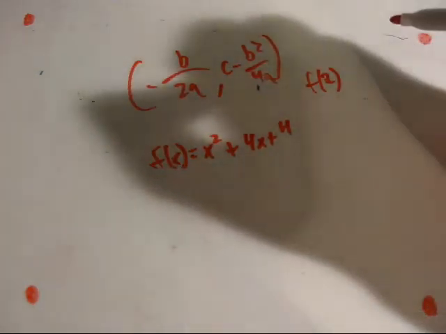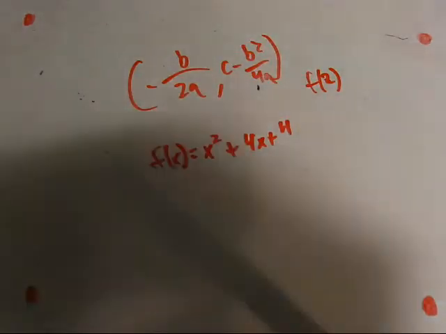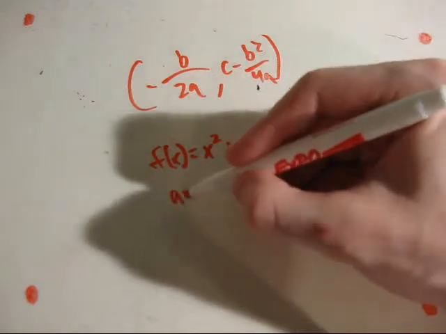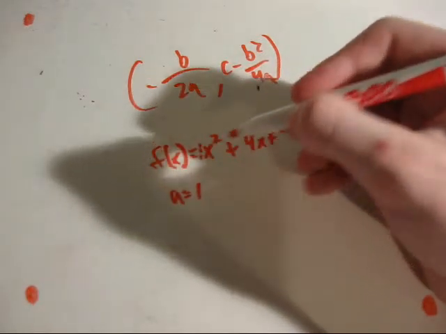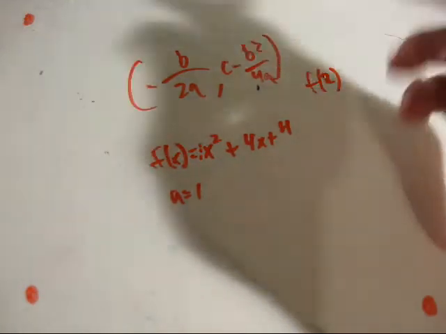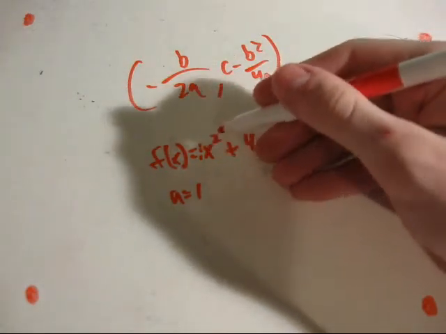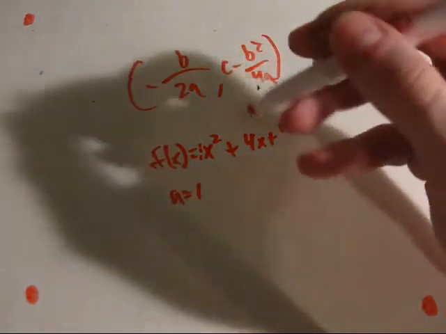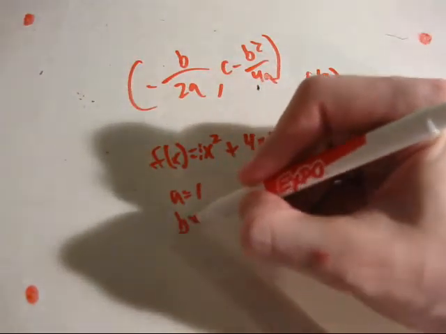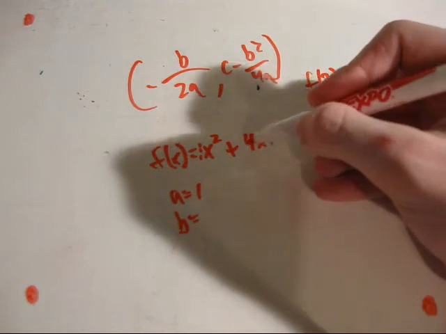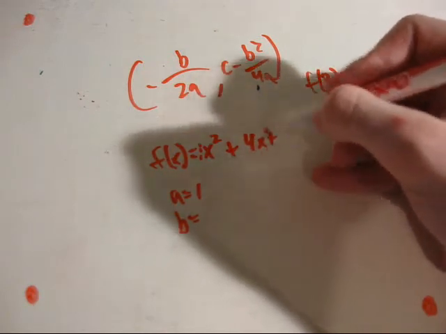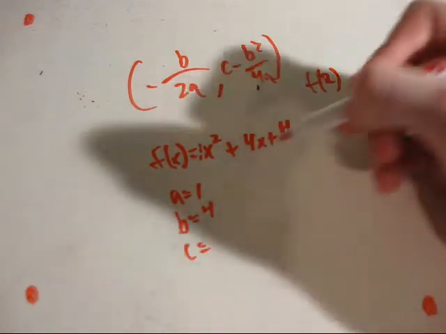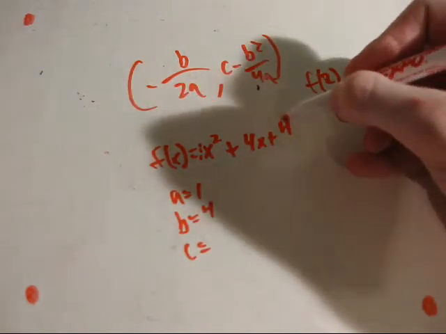So where would the vertex be here? Well, a equals 1, because there is an imaginary 1 there that you don't see, but it's basically the same thing. 1 times x squared is x squared. Then your b is your coefficient, 4, in 4x, and then c is your regular constant, and that's 4.